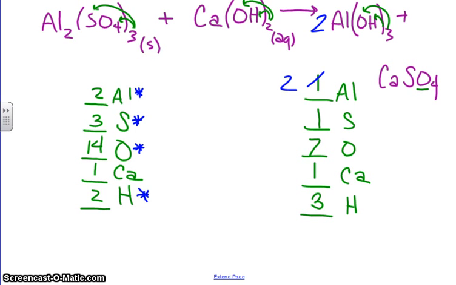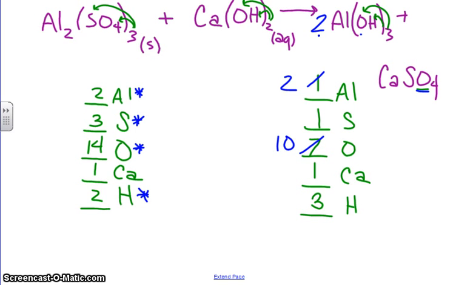Oxygen goes up some more. This is 3 times 2, six. So we have 6 here, and we have 10 with this one. So okay, how many calciums are on this side? Still 1.